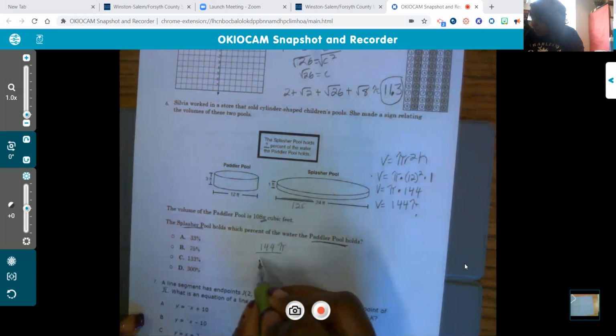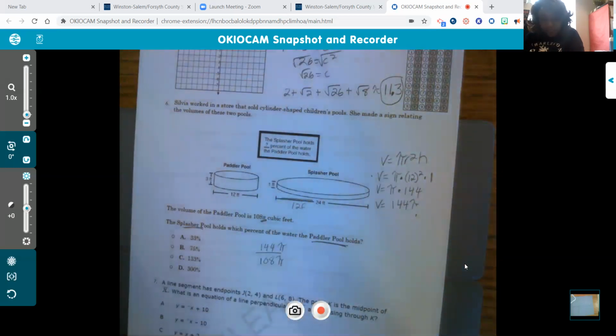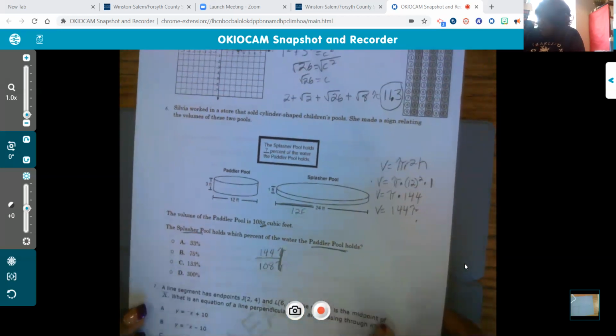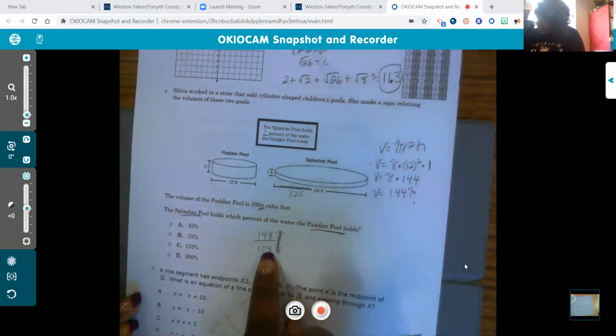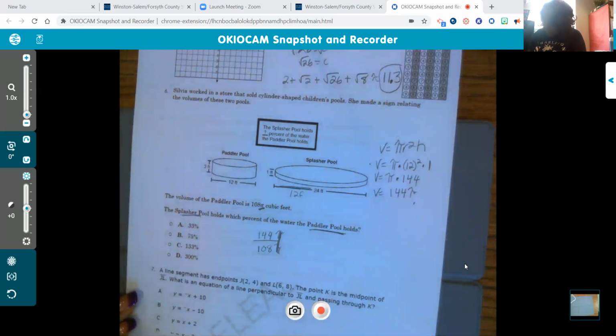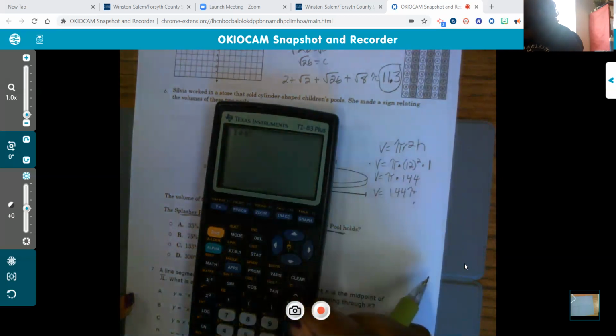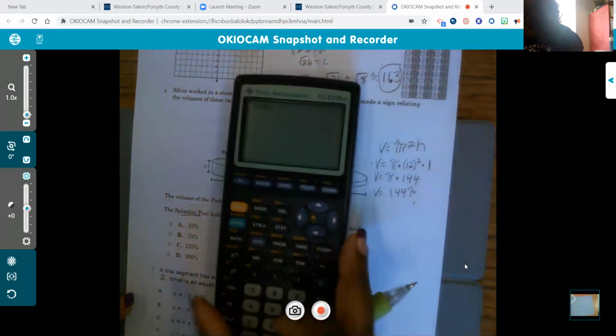So that is 108 pi. So we want to know the percentage. Pi divided by pi, of course, is going to be 1. So let's figure out what percent this is going to be. Let's divide on the calculator. So you got 144 divided by 108.